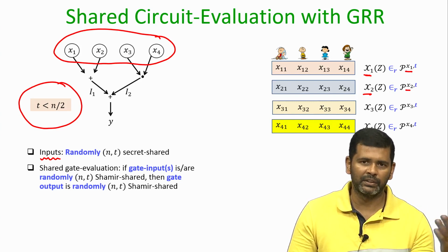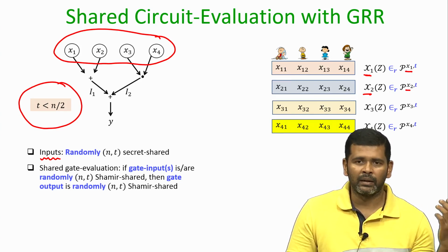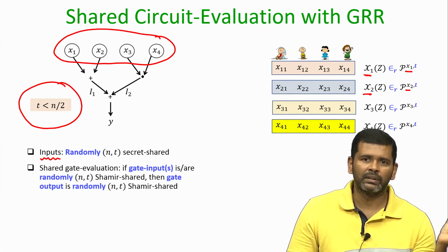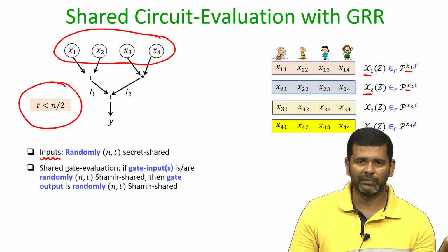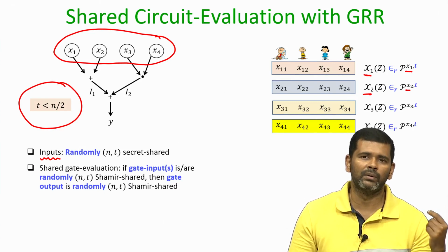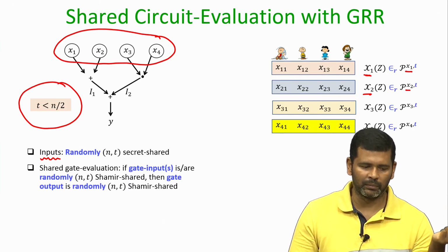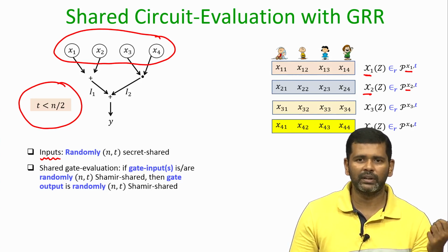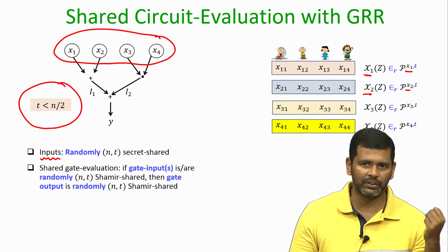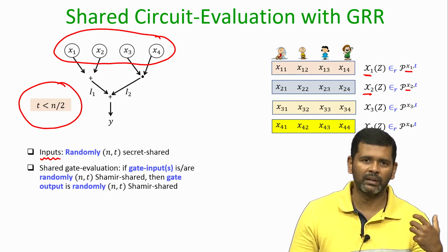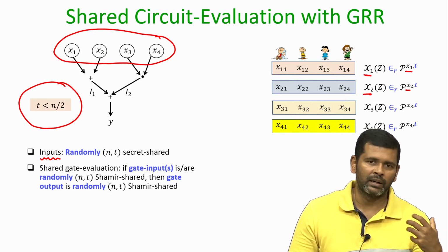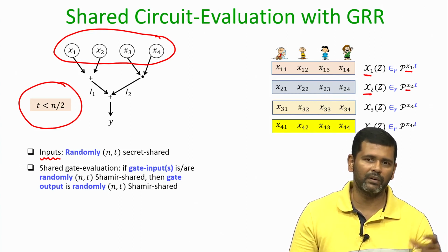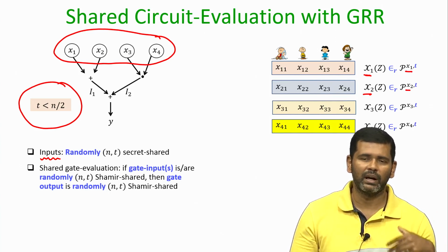By randomly secret shared I mean that there is some random t degree polynomial whose constant term is actually the respective inputs of the gates, and parties hold their respective shares on that polynomial. So, the invariant that the parties now want to maintain is that if the inputs of the gate are randomly n comma t secret shared, then somehow they should obtain a vector of n comma t random secret sharing of the gate output. Okay.